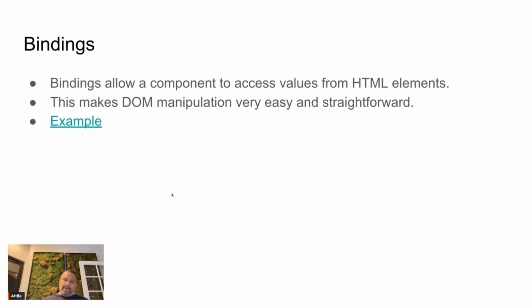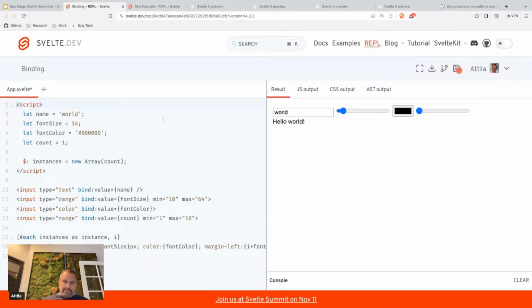So I'm just going to show the example because that speaks for itself. Here you can see I have these reactive variables. This is Svelte 4, so I'm not using state. I'm using the older syntax. And you can see I have name, and I'm binding it to the value of this input element.